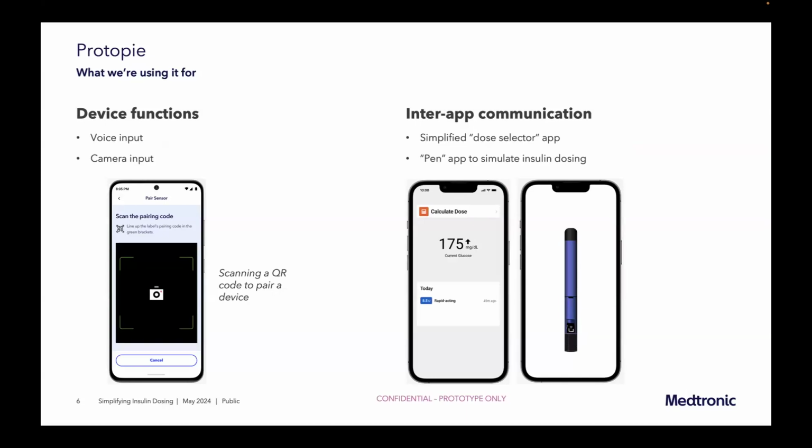We set up a prototype where instead of having users laboriously go through a process of pairing an external device with a phone app, typing in codes, that kind of stuff, we said, well, can we just make them point their phone camera at the label and see if it could do it? And sure enough, ProtoPie can do that.